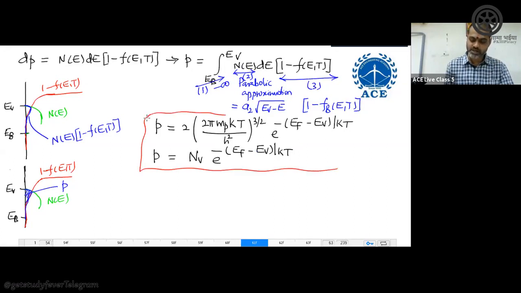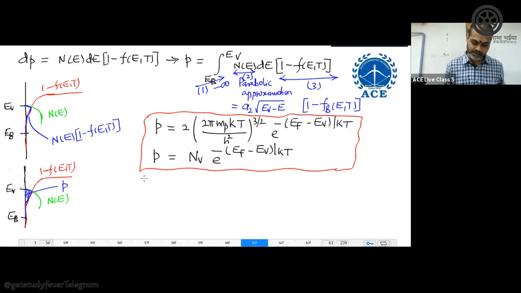This is nothing but what? Concentration of holes in the valence band. Okay, concentration of holes in the valence band. Is it fine? Okay. Now, what is this NV? We can write now.